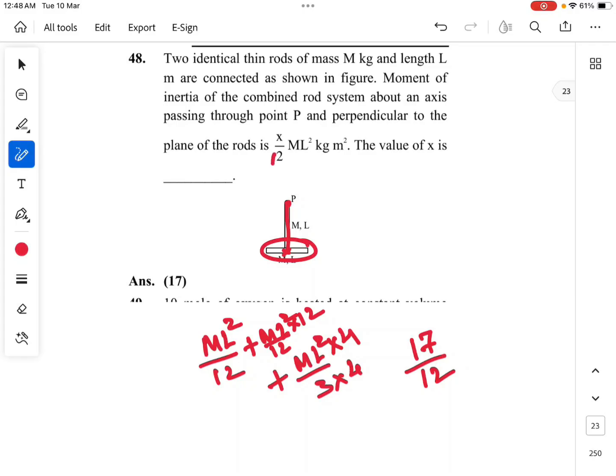Oh, this must be 12 then. Then the answer is 17. Okay, the question itself is wrong. It may not be in the NTA, but somebody who has printed this has gone wrong in printing that as 12 instead of 2 each.